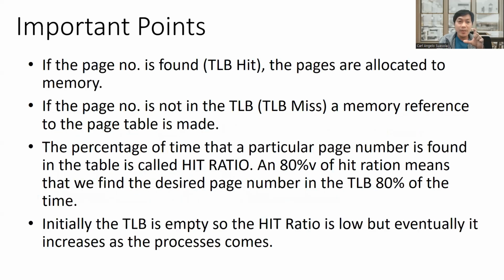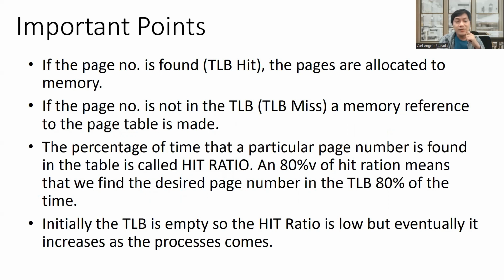If the page number is found, that is a TLB hit, and the pages are allocated to memory. If the page number is not in the TLB, it is a TLB miss, so a memory reference to the page table is made.